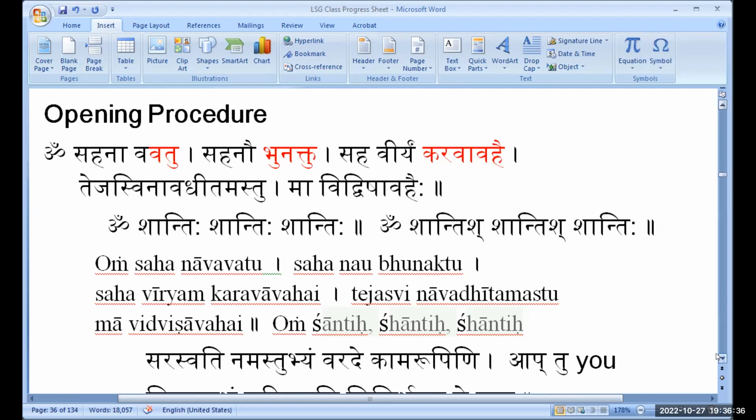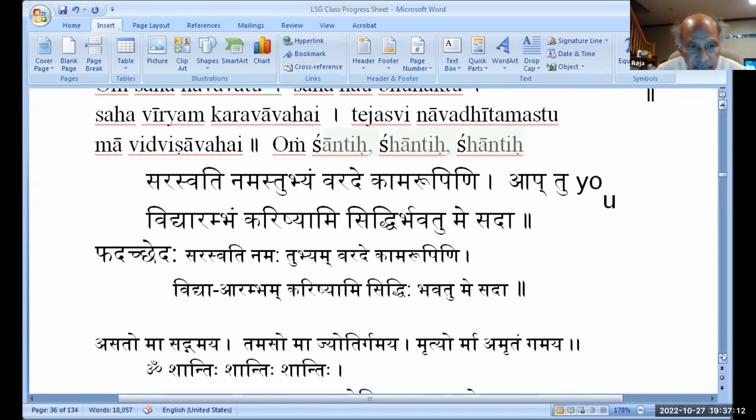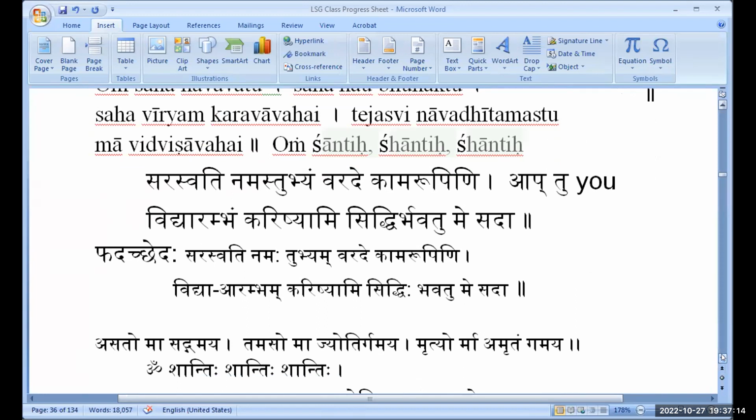Oh, Sahana Vavatu, Sahanau Bhunattu, Sahaviri Tejasvinavadhitamastu Ma Vidvishavahaihi. Om Shanti Shanti Shantihi. Om Shanti Shanti Shanti Shanti. Harihi Om Sri Gurubhyo Namaha. Harihi Om Sri Sri Gurubhyo Namaha.